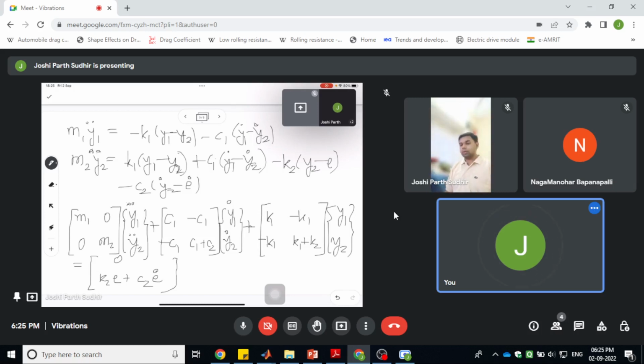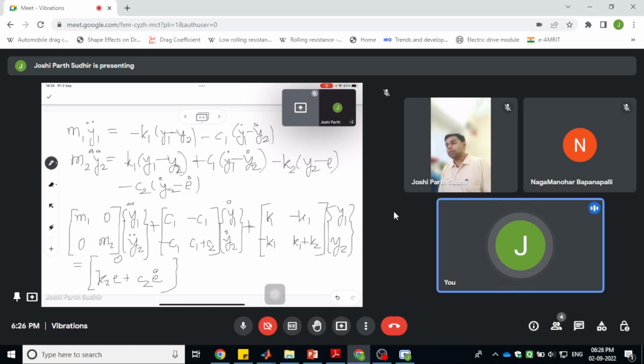On the right hand side we have the terms which are coming into the differential equation because of the presence of the bumps. The wheel is in contact with the road and the road profile is uneven, so there is a change in the value of e and its derivatives. That will cause a force to be transmitted from the road to the wheels and then from the wheels to the car body through the suspension and damper. So this is the spring and damper of the suspension.